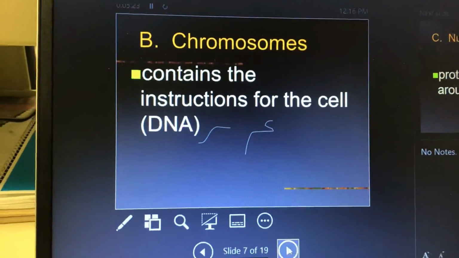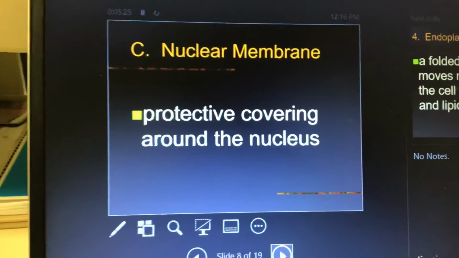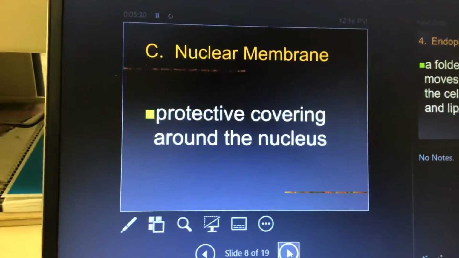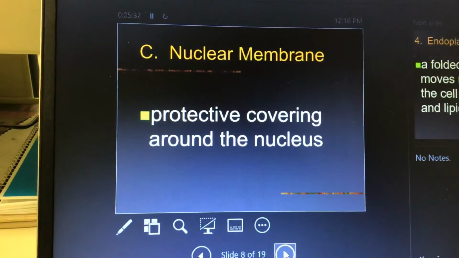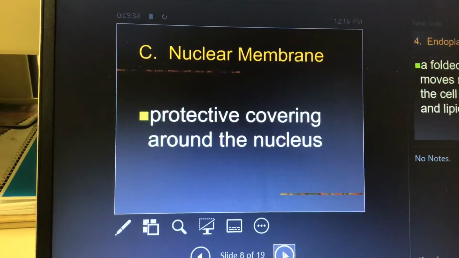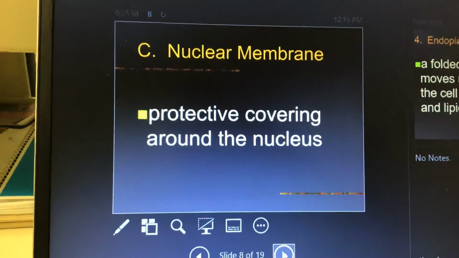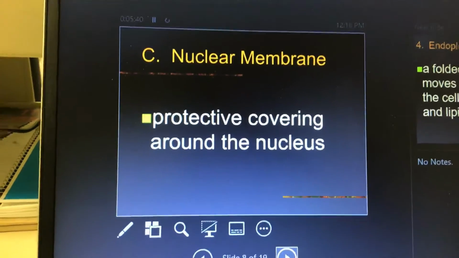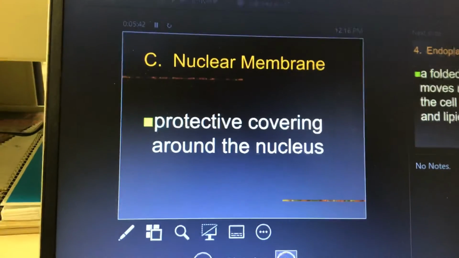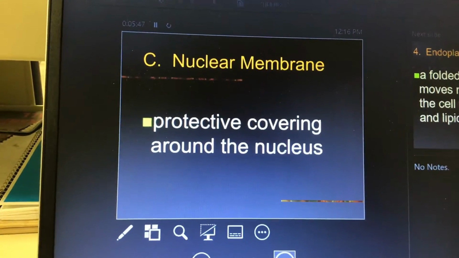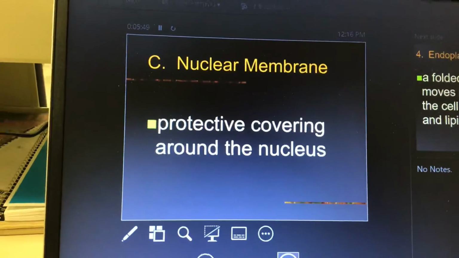And then there's the nuclear membrane. Nuclear means nucleus. A membrane is just a covering or a coating. So nuclear membrane, protective covering around the nucleus.